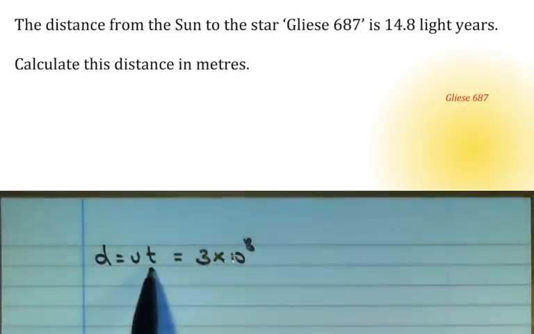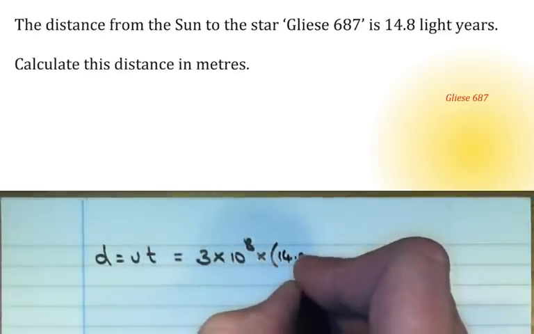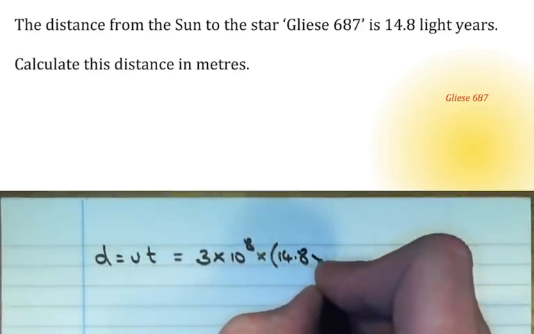Now what we want to do is multiply that by the time, and the time we're talking about is 14.8 years, but of course the SI unit for time is seconds, so we want 14.8 years in seconds.